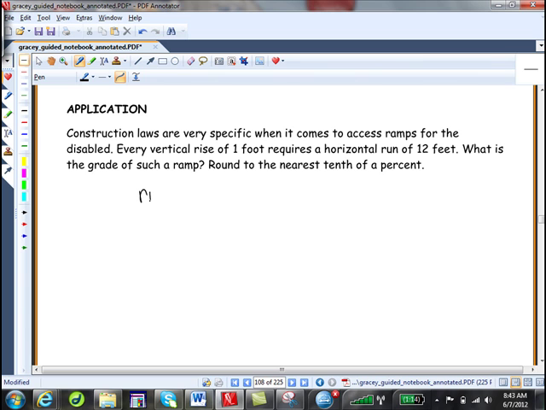We've got rise over run is equal to, so what was the rise? Good, vertical rise of 1 foot. So that would be 1. And it requires a horizontal run of 12 feet. So we would put 12 for the run.